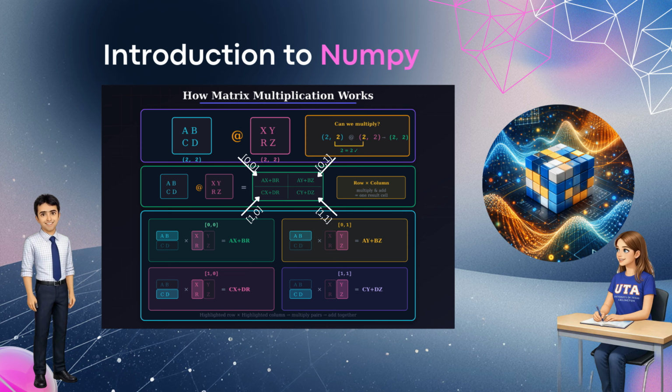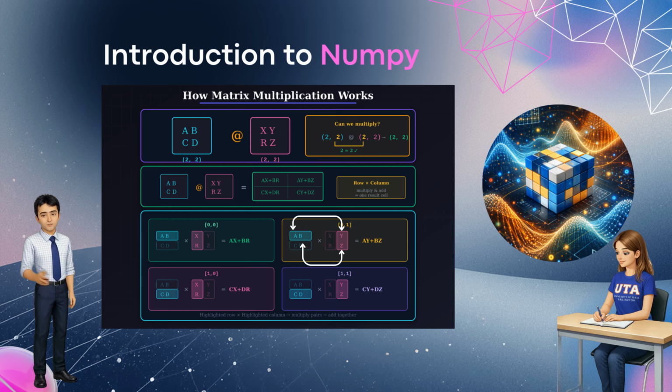To find position 0, 0 of the result, I take the first row of the first matrix and the first column of the second matrix. I multiply corresponding elements and add them up. That's A times X plus B times R. To find position 0, 1, I take the first row of the first matrix and the second column of the second matrix.